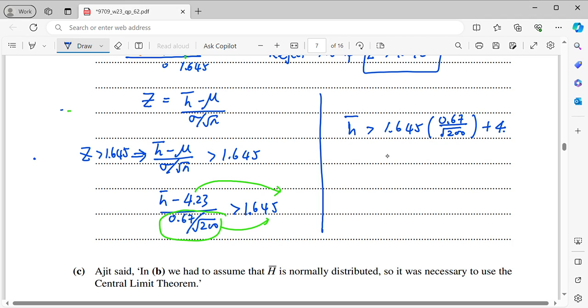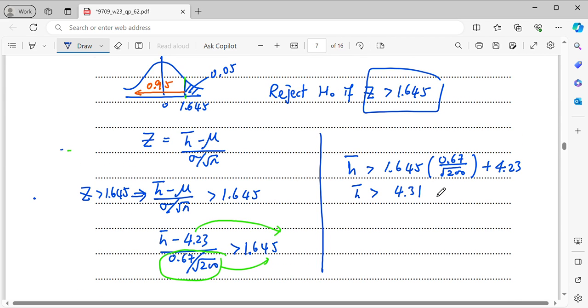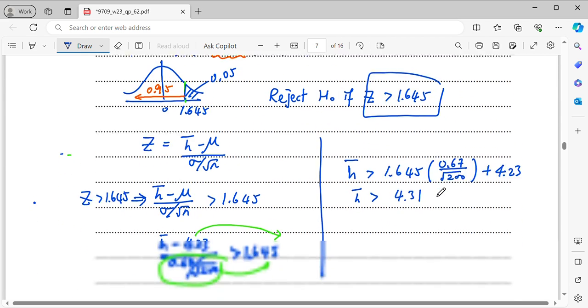So your h bar is going to be greater than 4.31, which is 3 significant figures. So that's the set of h bar as requested in the question.